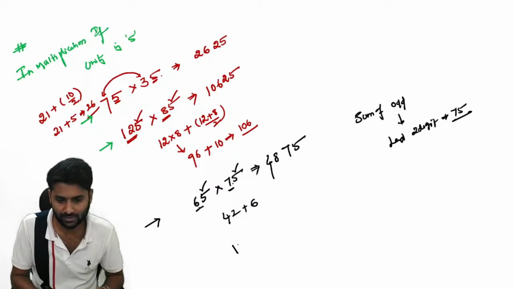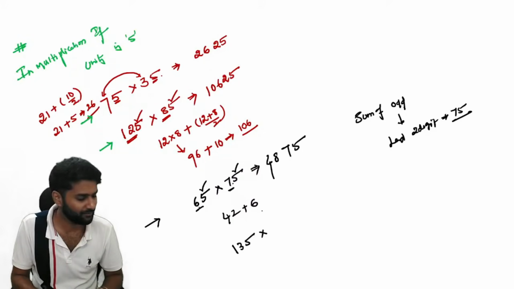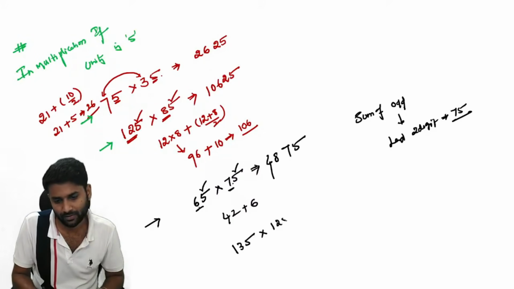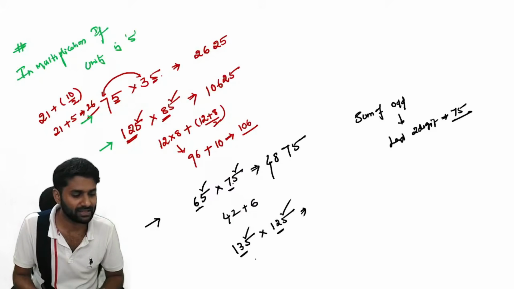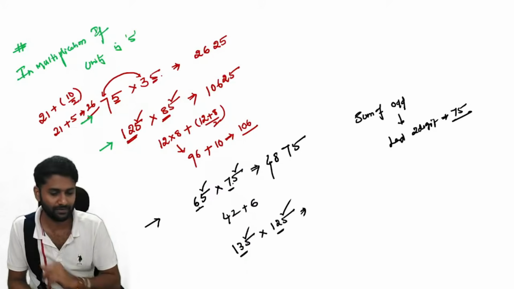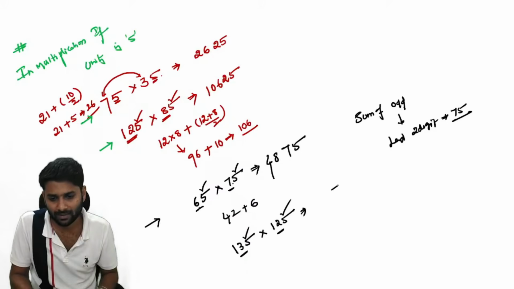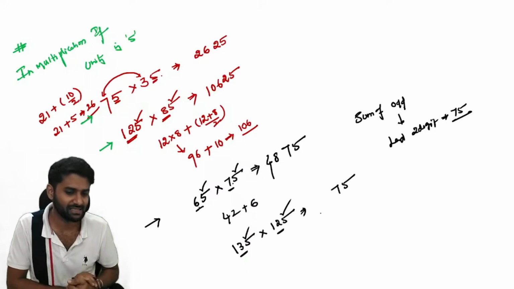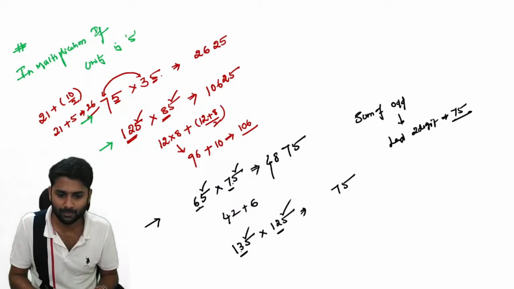Let me take one more example. If 135 is multiplied with 125. Now see, here 5 into 5 is 25. But 13 plus 12 is 25. I told you if the sum is an odd number, then the last two digits are 75. Now the same approach here.